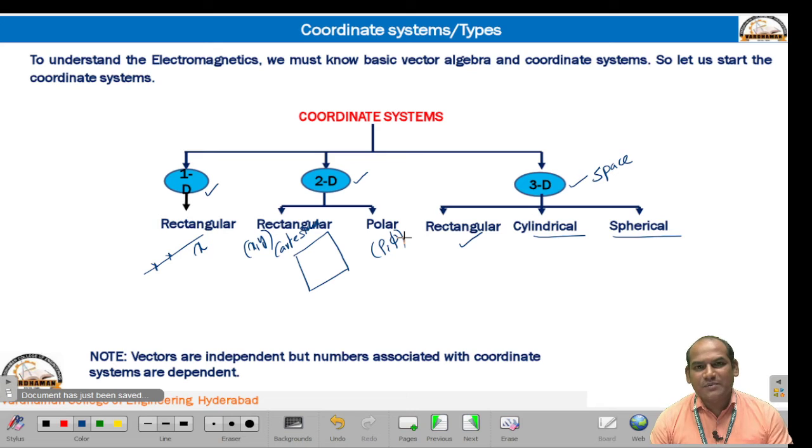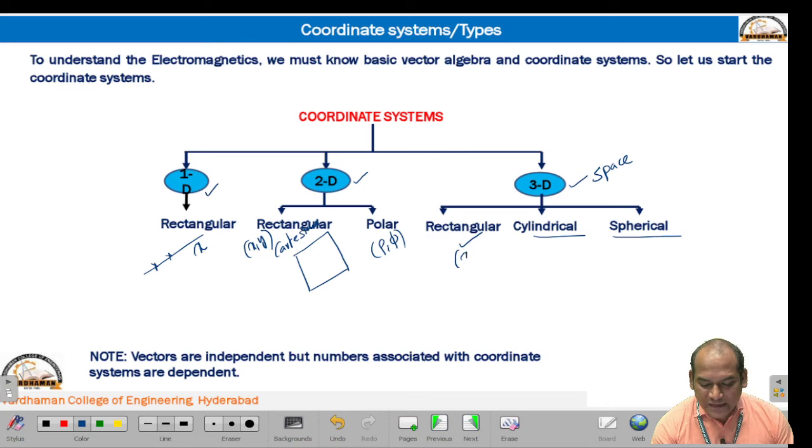And in three dimensional coordinate systems, whether rectangular, cylindrical, or spherical, we need to provide three coordinates. Three coordinates are required to represent a point in space. If you use the Cartesian or rectangular coordinate system, you need to provide the value of x, y, and z, then only you can represent a point in space.